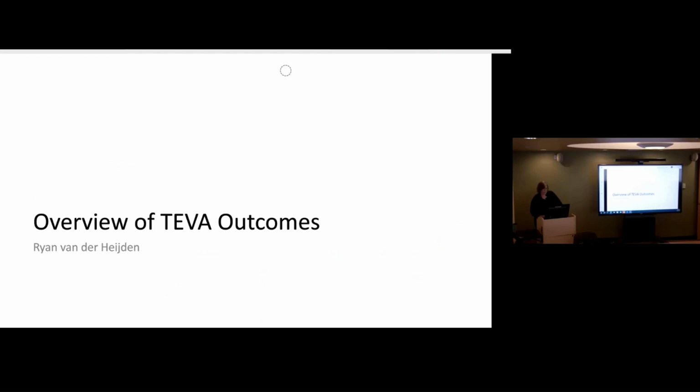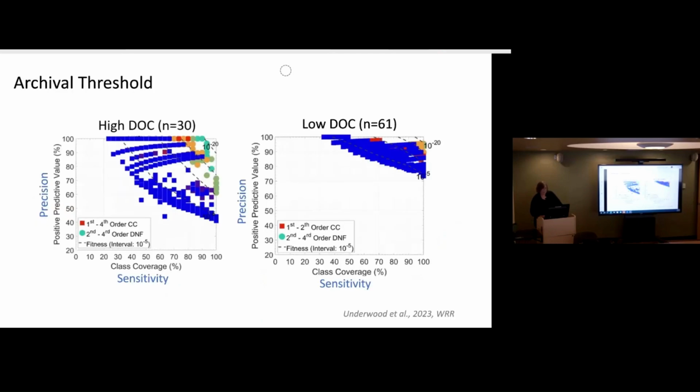Here is where we were to discuss an overview of TEVA outcomes. Ryan is feeling under the weather and can't join us today, but in general, what you're going to look for in the output of TEVA once we run it is a plot that looks like this. On the x-axis will be class coverage, or what we might call sensitivity. On the y-axis will be positive predictive value, or what we might call precision.